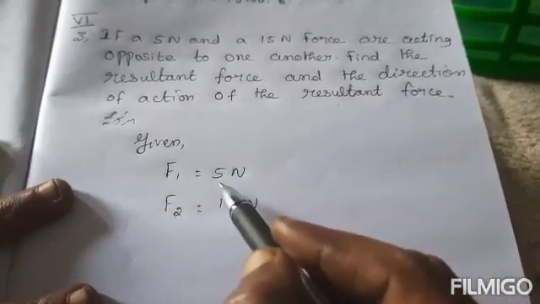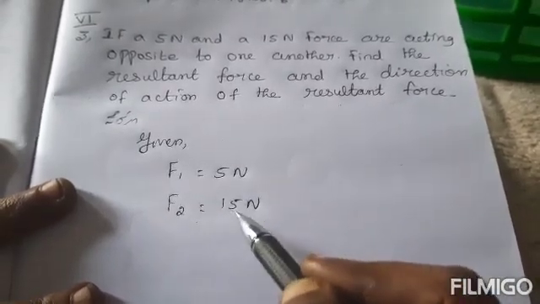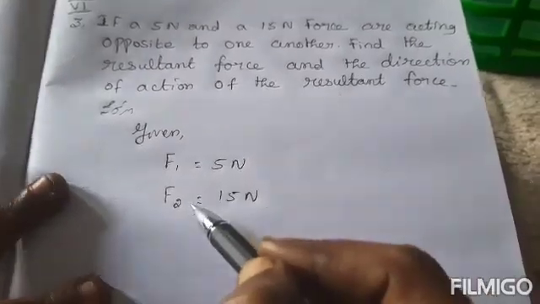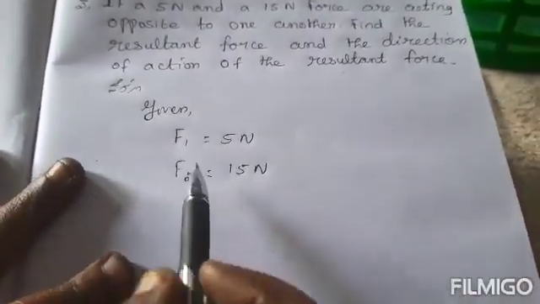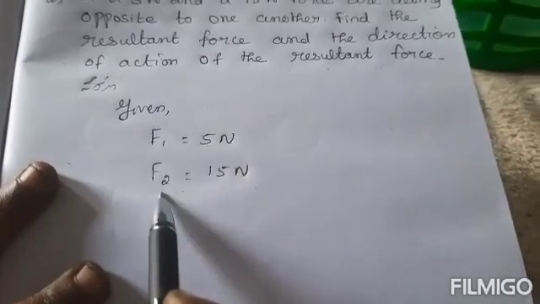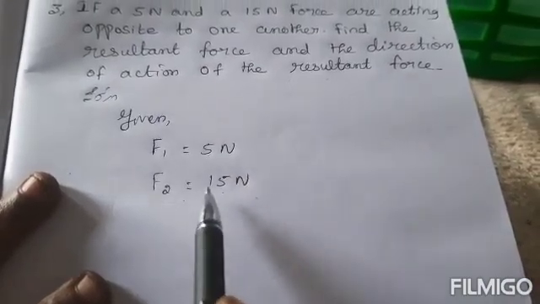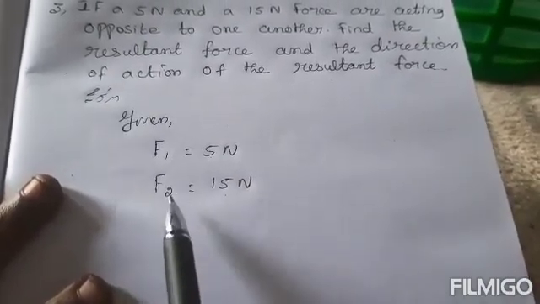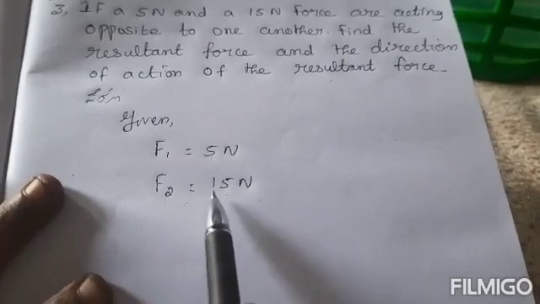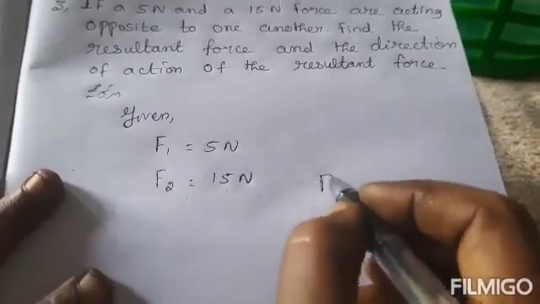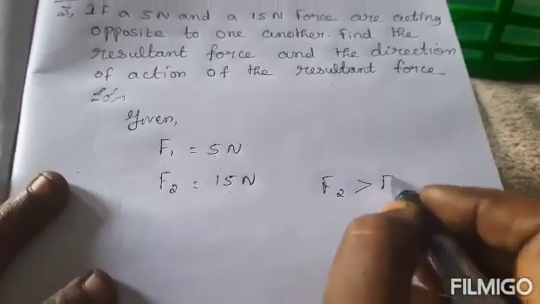First force you have to take F1. Second force you have to take F2. Now look at this, F1 5 Newton, F2 15 Newton. Now which force is greater, F1 or F2? Say students, F2 force is greater. So here F2 is greater than F1.